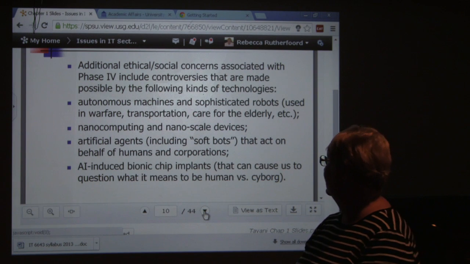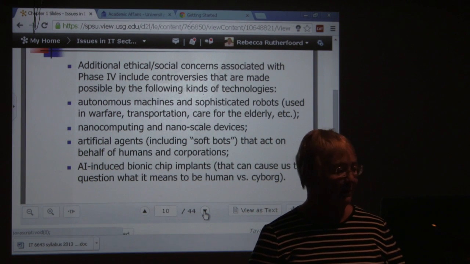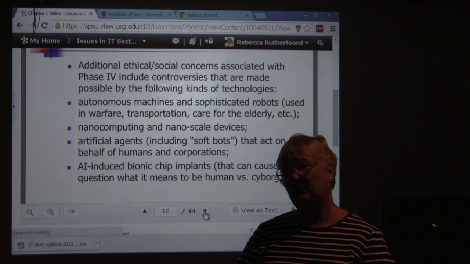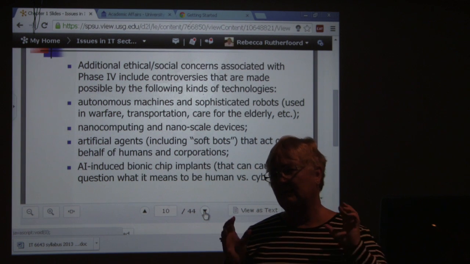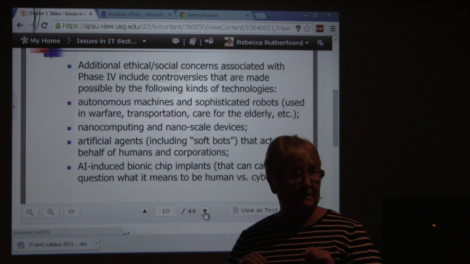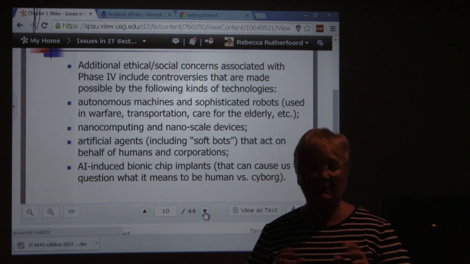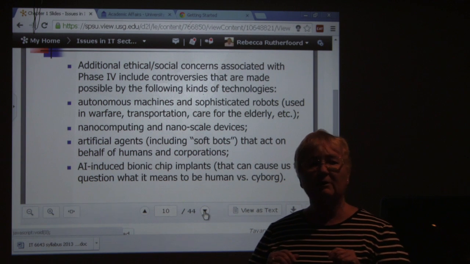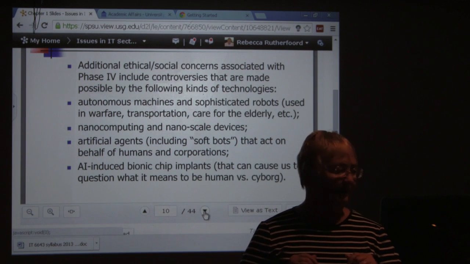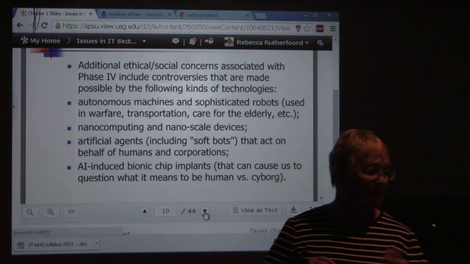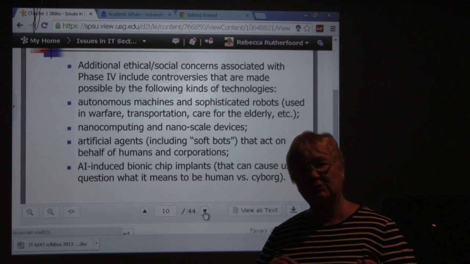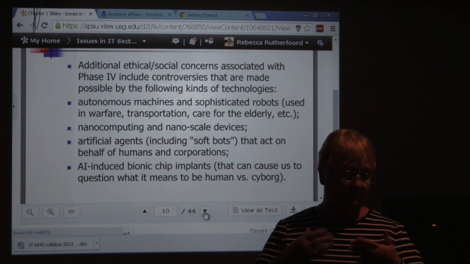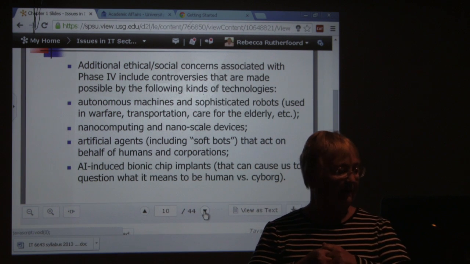The autonomous machines, sophisticated robots, we know those are there. But one of the interesting things, where we're just now starting some research, is the nanotechnologies and nanocomputing areas. Those have been very interesting. We've also added soft bots, or as we call them, artificial intelligent agents, which we have developed, and they're becoming much more available.